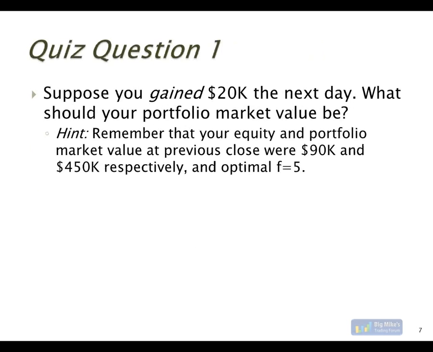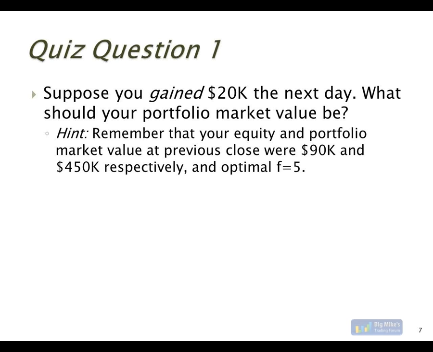Moving on, here is the first quiz question. Remember, in the previous example, we had a portfolio where we started out with $100,000 equity, and the portfolio market value was $500,000. That $500,000 might be the notional value of the futures contracts added together.